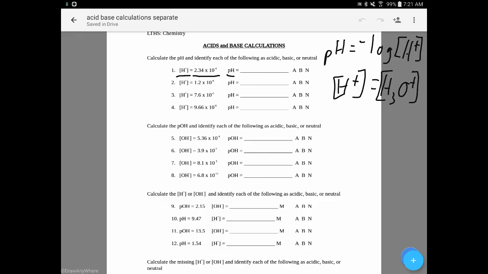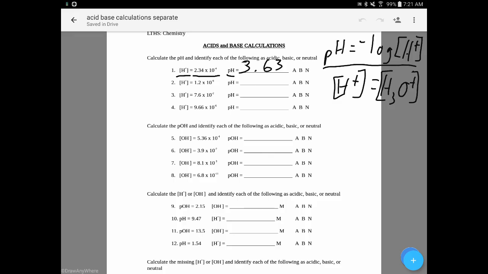So we just enter that in our calculator: 2.34 times 10 to the negative fourth, and we get 3.63. Okay, that's it. There's not really any algebra or anything. We just plug it into our equation, and that gives us our pH.